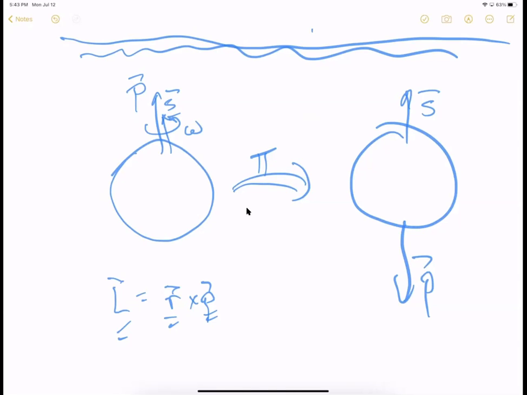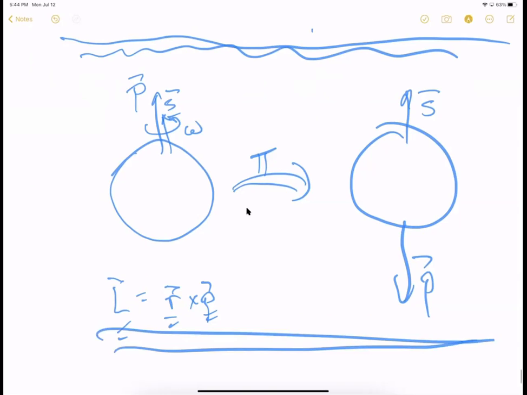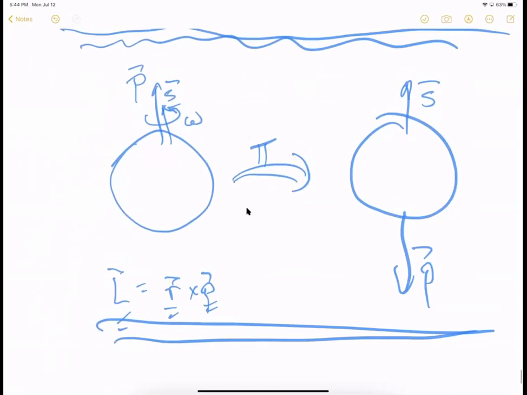So parity conservation holds if the mirror image process occurs with the same probability as the process itself. So if we detect these with equal probability, then parity is conserved. Well, how would you know? First, you need something where there's some sensitivity to the spin. So what Wu and her colleagues did was to look at Cobalt 60.